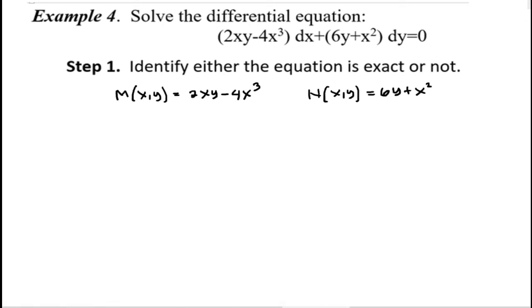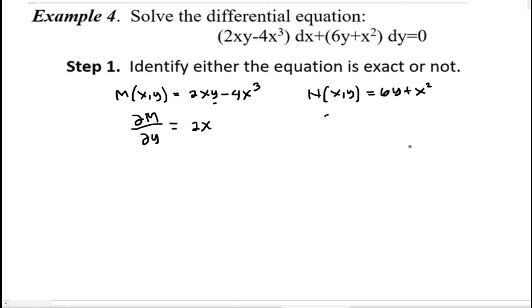The partial derivative now for M with respect to y. That means our y is the variable. So we have here the 2x for the numerical coefficient of y. And the derivative for negative 4x cubed is 0 since x is assumed as constant.